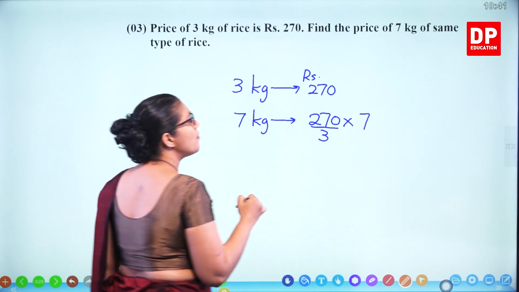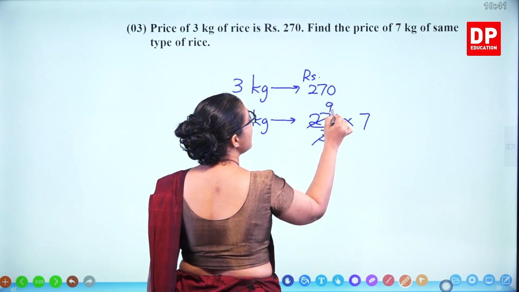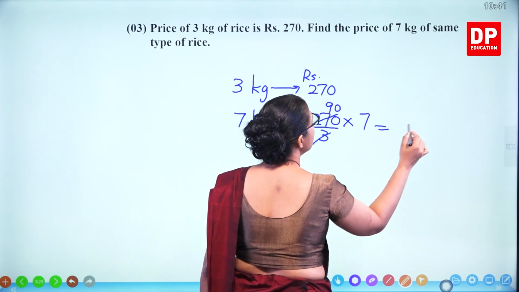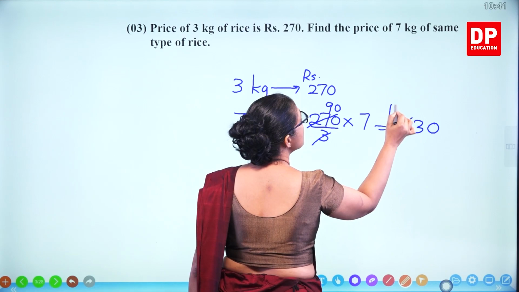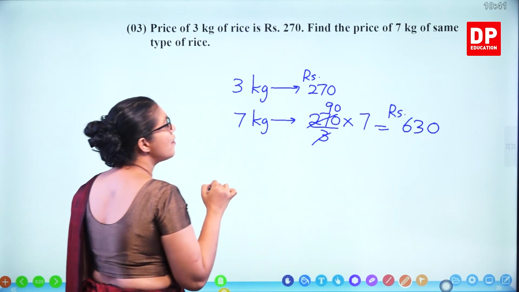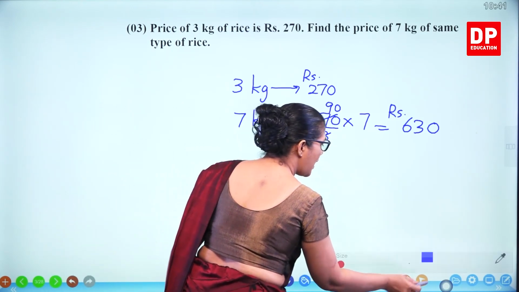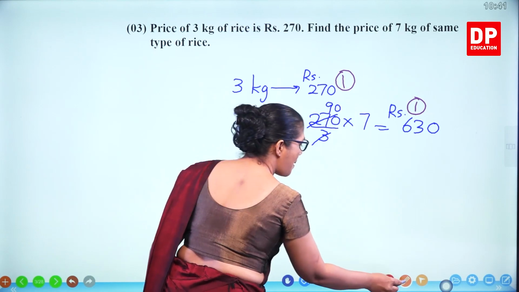And for 7, you multiply by 7. So 3 times 9, 27. 90 times 7, 630. So 630 rupees. 9 times 7, 63. So 2 marks for that: 1 mark for the answer and 1 mark for the method.